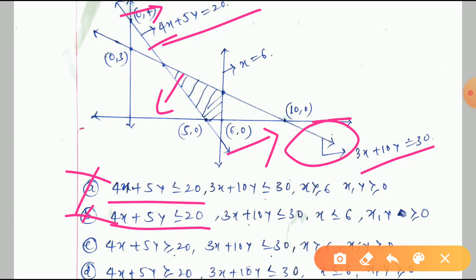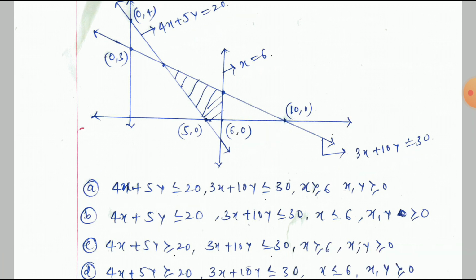Here the equation of this line is x is equal to 6. The solutions of this line lie on the left side. It means x less than or equal to 6. The option x greater than or equal to 6 is wrong.